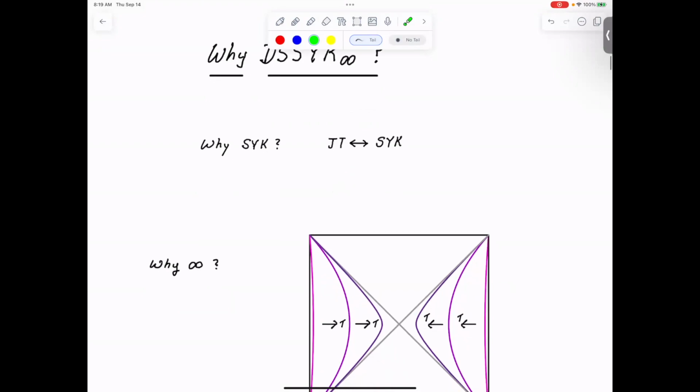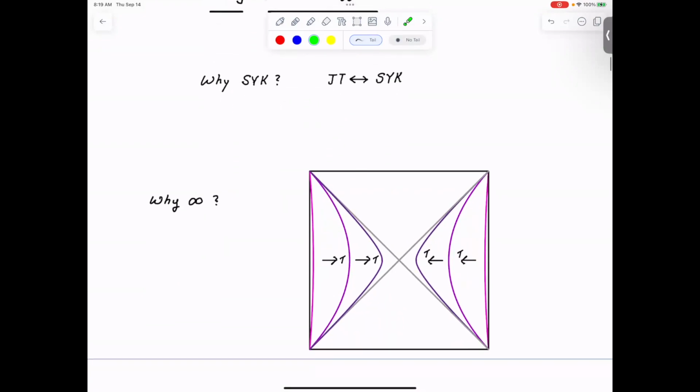Why infinity? Why go to infinite temperatures? Okay, so that I think is most easily explained, in this context, by thinking about the Schwarzian boundary of SYK or of JT. Presumably that's where the holographic degrees of freedom are located.